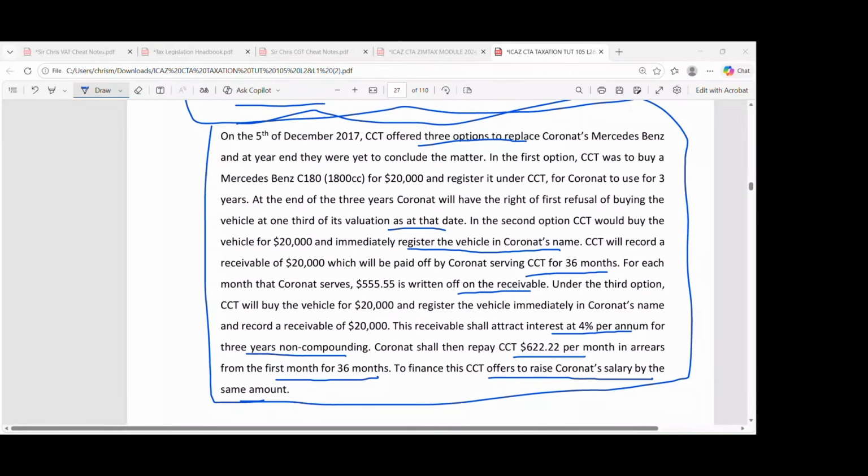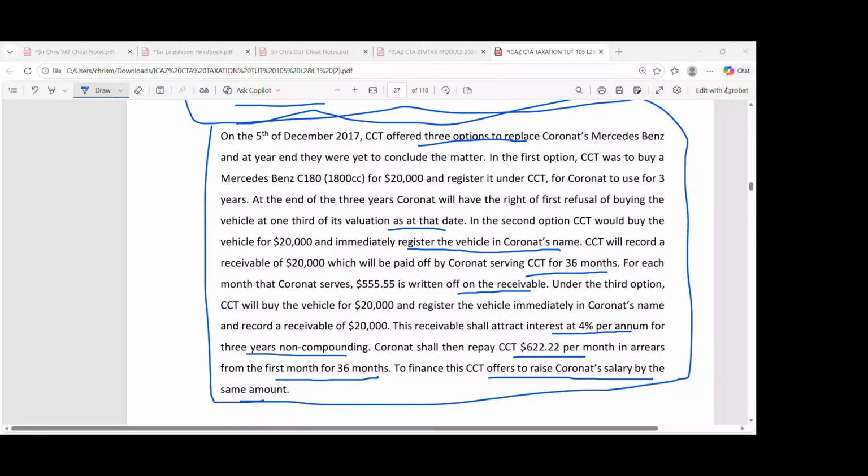So scrapping is only for someone whose asset was involved in an accident and was compensated by the insurance. Then let's take the same from Colonat's perspective. Colonat is going to use the car for 3 years, and using the car triggers a motoring benefit. Is it making sense, team?